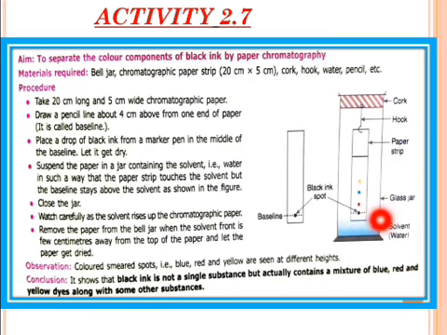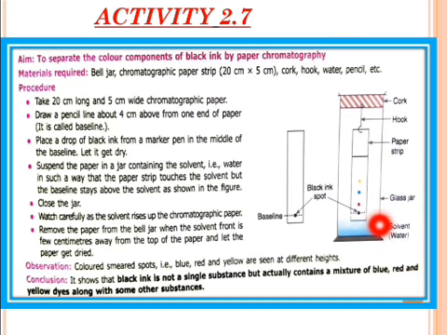We will see the colored smeared spots, that is blue, red, yellow, at the various heights. What do we conclude from it? It shows that the black ink is not a single substance but actually contains a mixture of blue, red and yellow dyes along with some other substances.